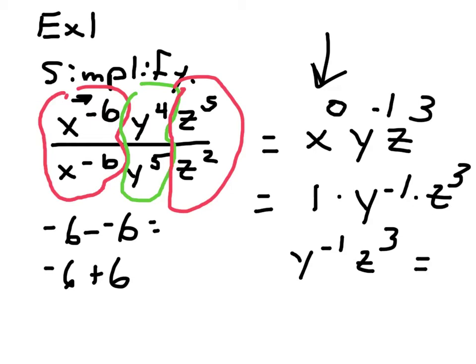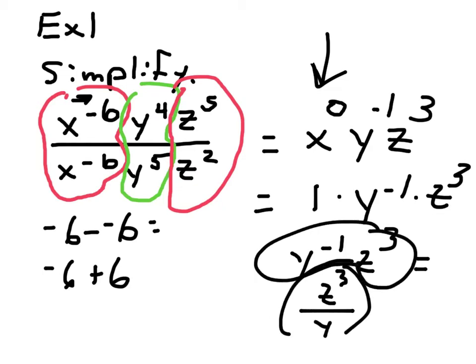Well, drop the y to the negative 1 down, which means the z cubed stays in the top, and the y to the negative 1, if you drop it down, becomes y to the positive 1, or just y. So these two answers are the same answer. It just depends how they want you to write the final answer.